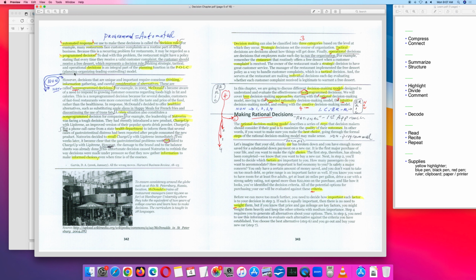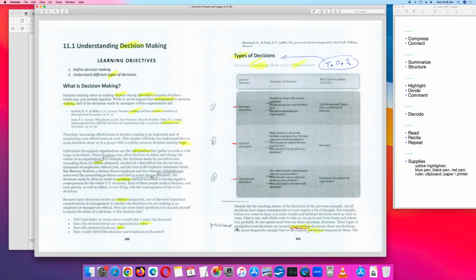Then it goes into non-programmed decisions. So it goes from programmed to non-programmed. This is a major break. So if I were rewriting this text, I would put a header here, non-programmed, and on the previous page I would put programmed.